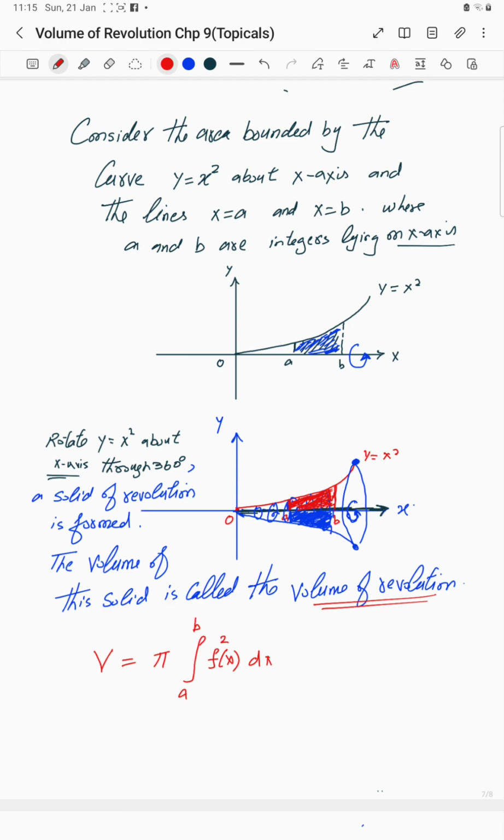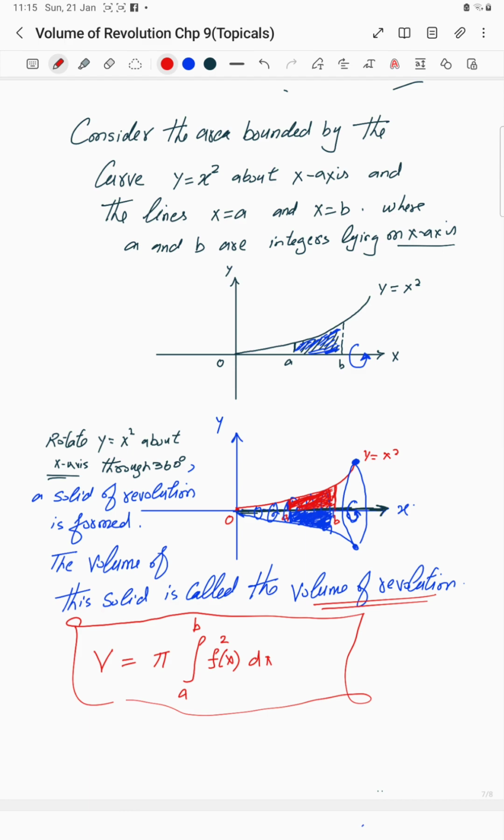So this is the formula: pi times the integral of the function squared along the x-axis dx, limits a to b, which represents the volume of a solid of revolution rotating about 360 along the x-axis.